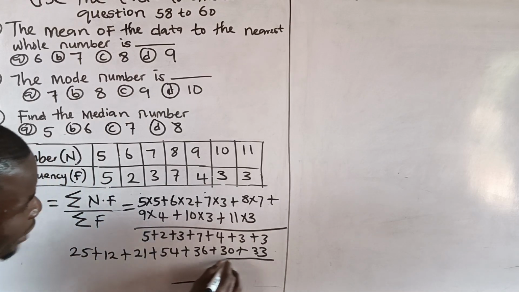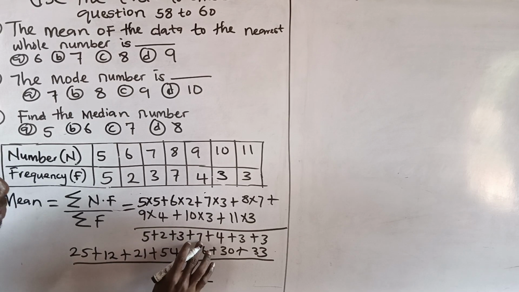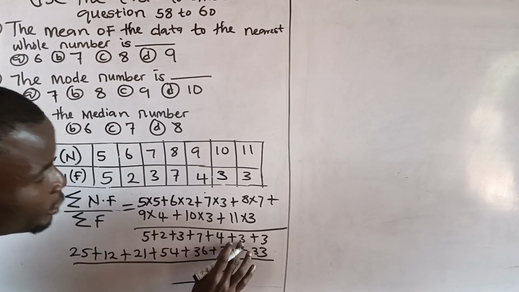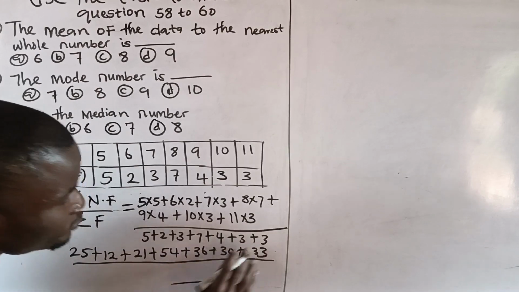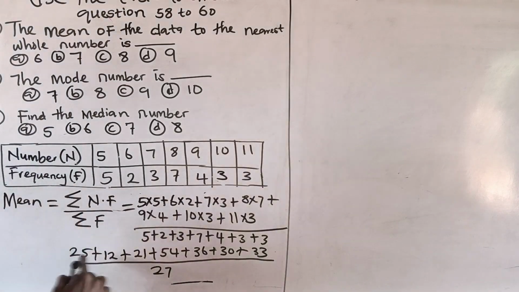Now divide by 5 plus 2, 7, plus 3, 10, plus 7 will give us 17, plus 4, 21, plus 3, 24, plus 3. That is 27. Right?